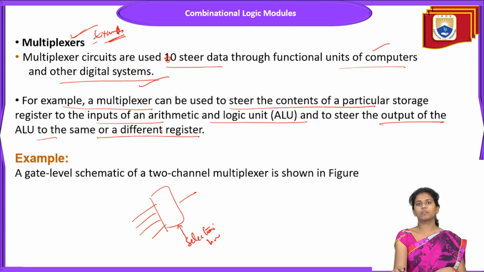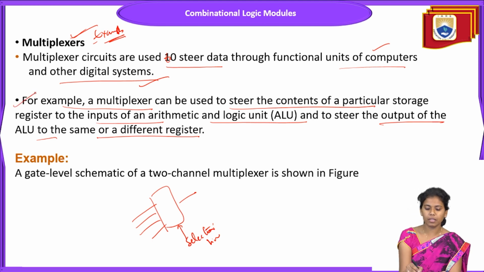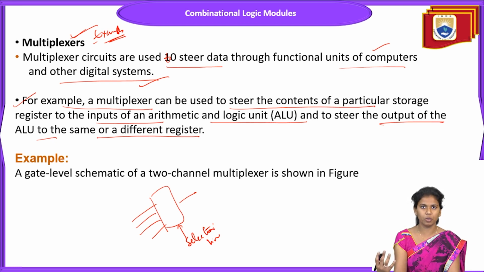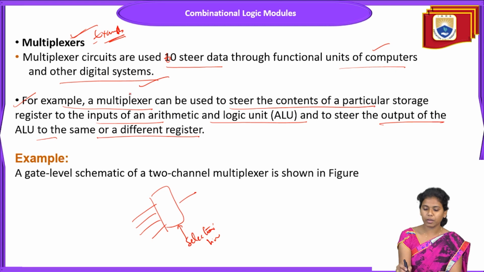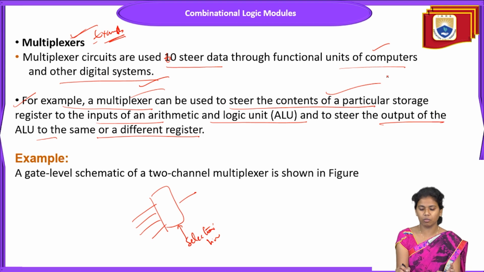One important point to ponder on the multiplexer is that whenever you are storing some information, or want to pass information to the output or to the next block, this is done with the multiplexer. It steers the content of a particular storage register to the inputs of the ALU.